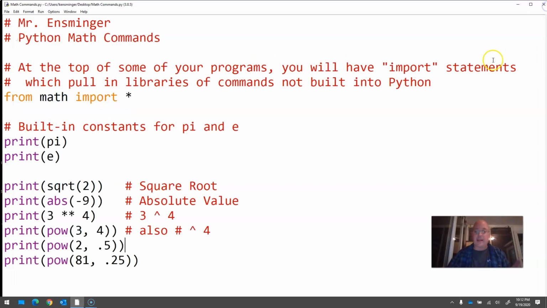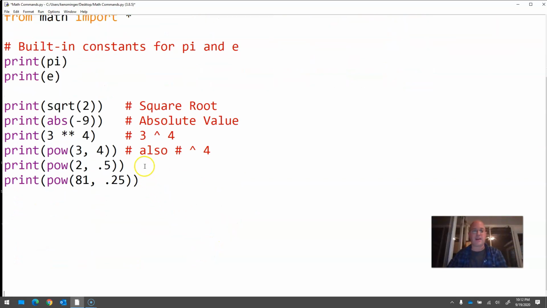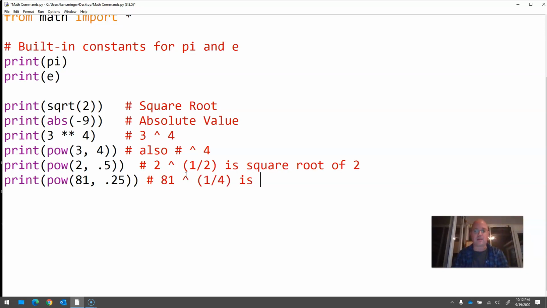So again, depending on your level of math, you may have been exposed to that, maybe not. 2 to the 1/2 power is the square root of 2. 81 raised to the 1/4 power is the 4th root of 81, which again is 3.